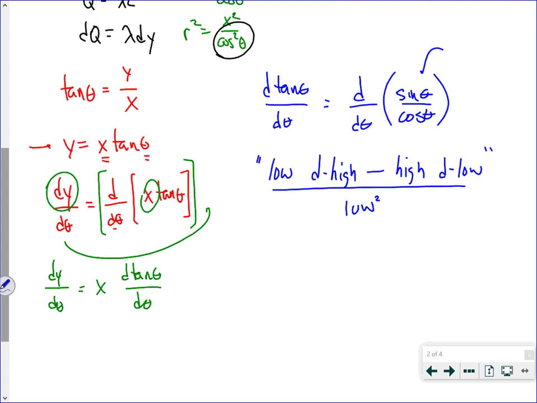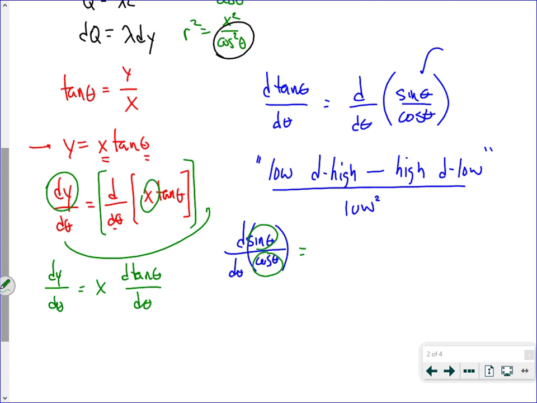What I mean by that is the following. For d of sine theta over cosine theta, here's our low and high.